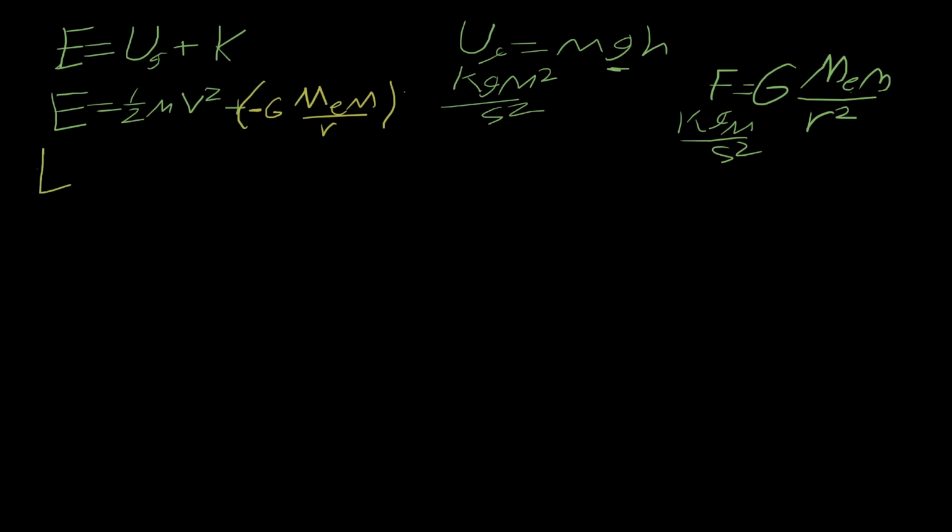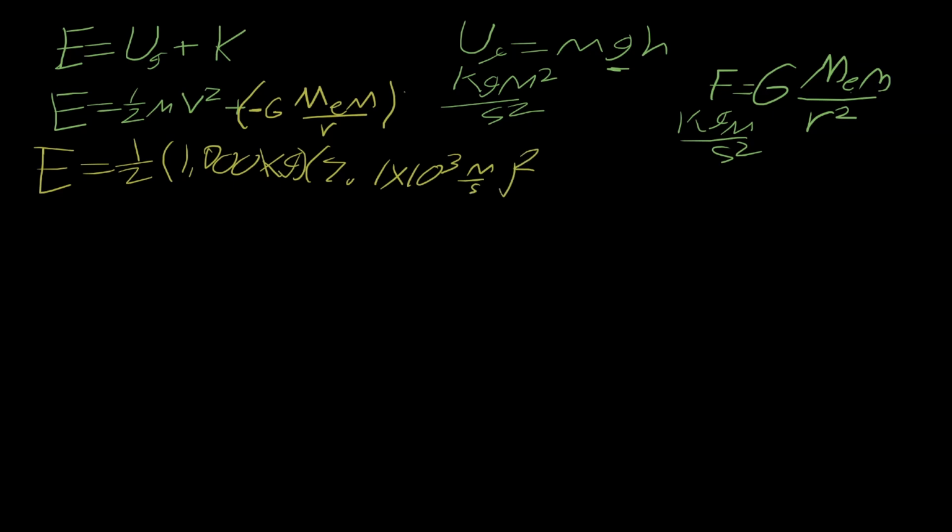Now our next step is just going to be plugging and chugging pretty much. If we go back to our last page, we recall that the mass of our satellite is 1,000 kilograms, and the speed is 7.1 times 10 to the third power meters per second. Then we're going to subtract our force constant, which is 6.6 times 10 to the negative 11 power newtons meters squared over kilograms squared.